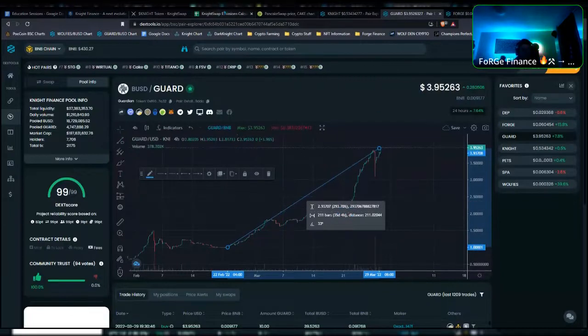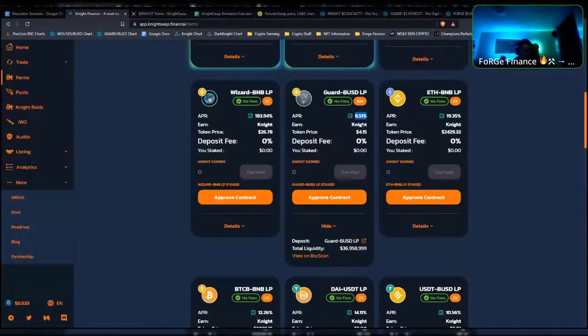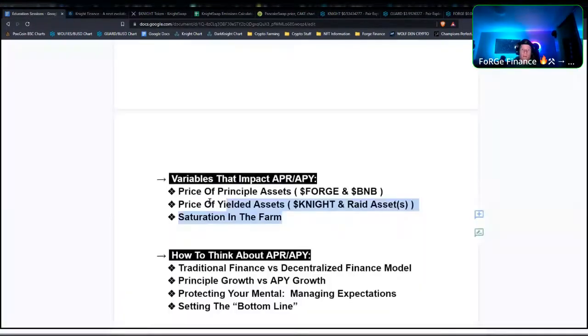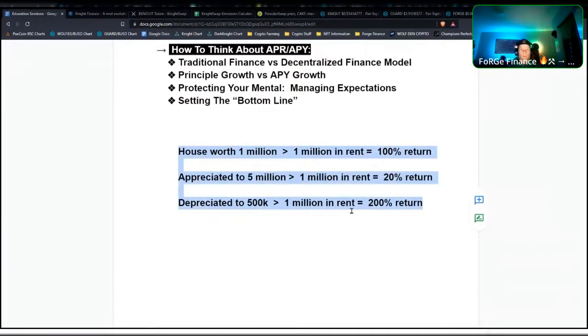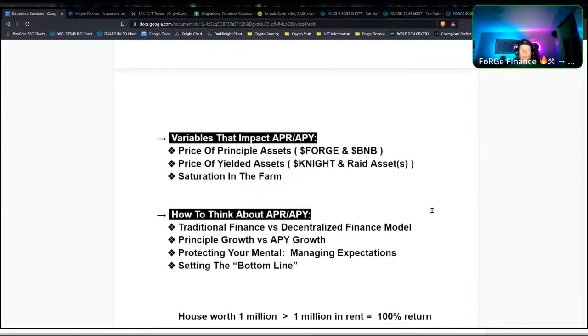You have far outpaced that 70% APY, but because of the way our brains are wired, you're just looking at the APY in return in dollars, and you're like, this doesn't make sense, because you're not looking at the other factors that affect this. You're not looking at this example that we showed earlier, right?